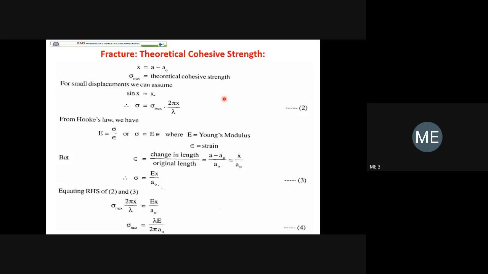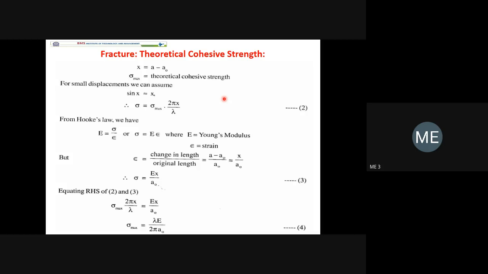Because there are some defects in the material, when you conducted the experiment, we got around 200 GPa. The actual value is 200 GPa, but the theoretical value of the Young's modulus may be around 20,000 GPa. That is the difference between the theoretical value and the actual or practical value. The practical value is 200 GPa.